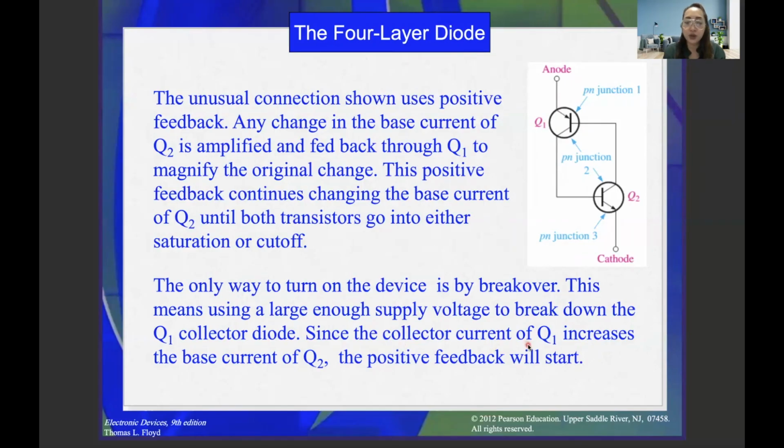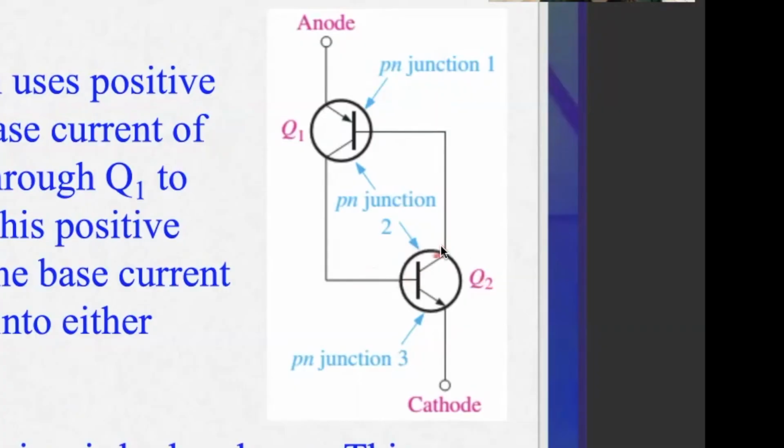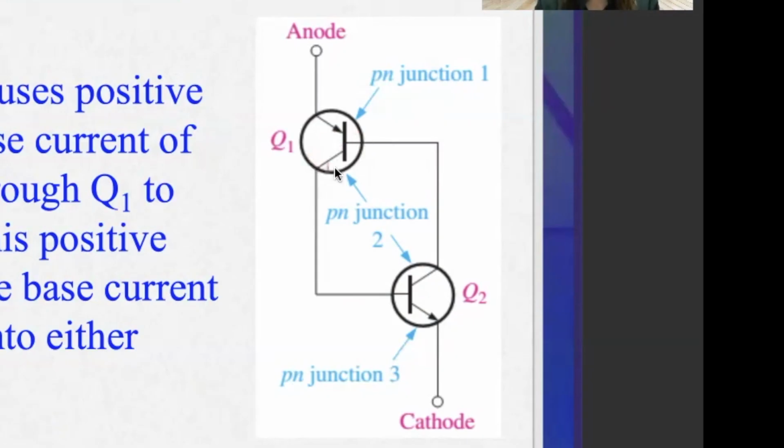Since the collector current of Q1 increases, the positive feedback will start. If the base current in Q2 is large enough to produce positive feedback to the base of Q1, that will drive the device into saturation or cut off.